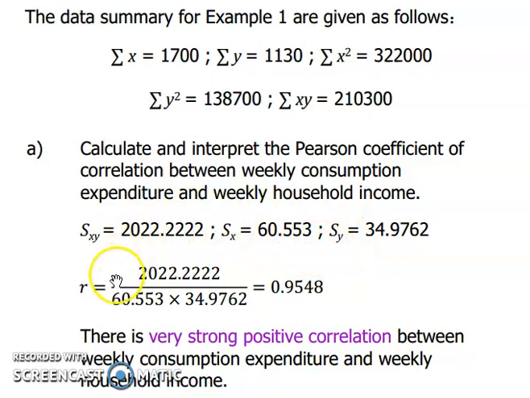From this, we can calculate the Pearson coefficient of correlation, Sxy over Sx multiplied by Sy. So we have 0.9548, meaning there is a very strong positive correlation between the consumption expenditure and household income.